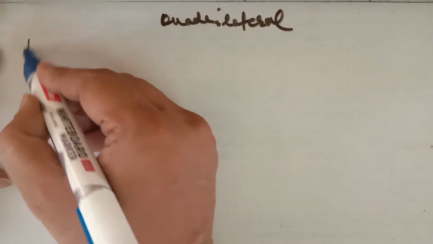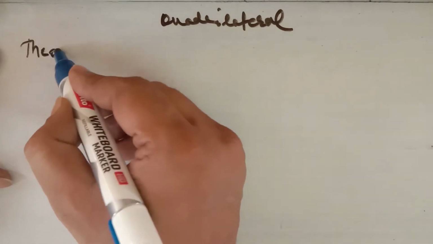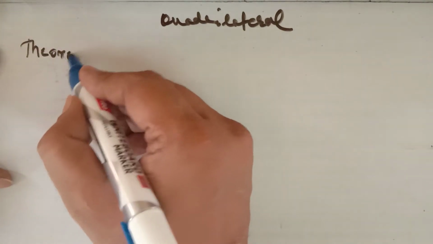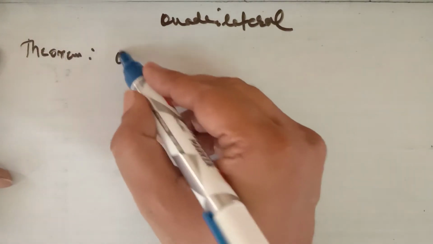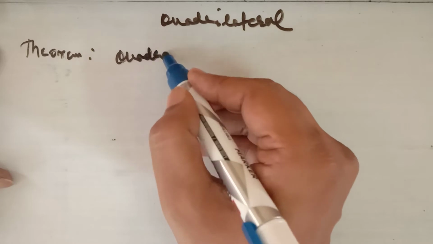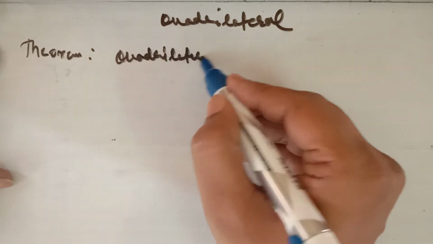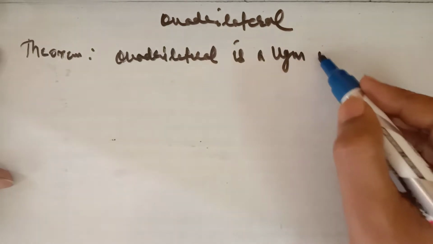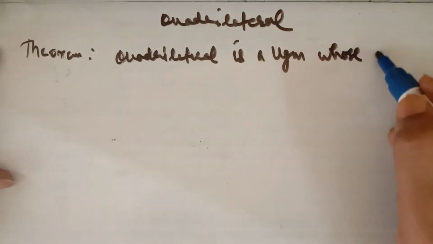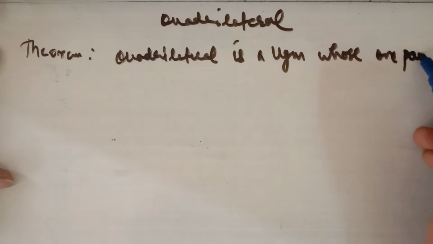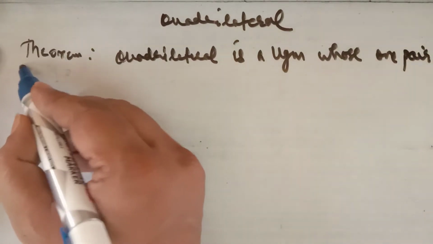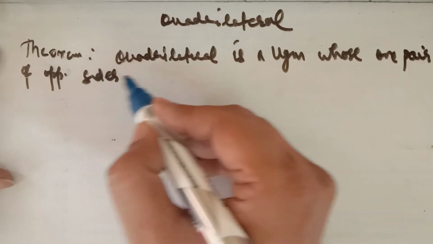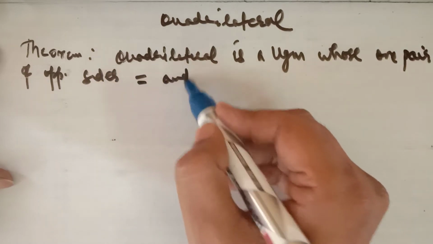Now the first theorem is: you have to prove that a quadrilateral is a parallelogram whose one pair of opposite sides is equal and parallel.